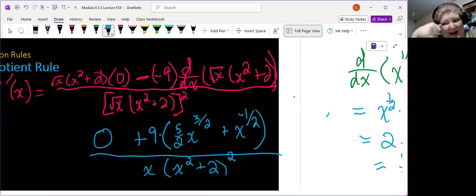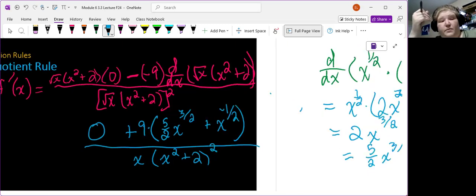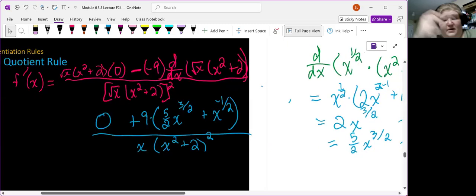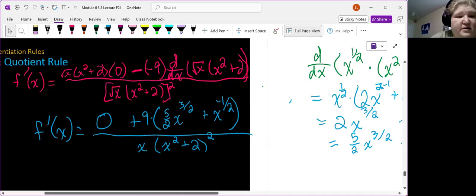If we were going to multiply that out further, we'd have to FOIL it. Don't need to. I was only doing this step because the square root and the squared behaved nicely. But there is our very crazy nested product quotient.